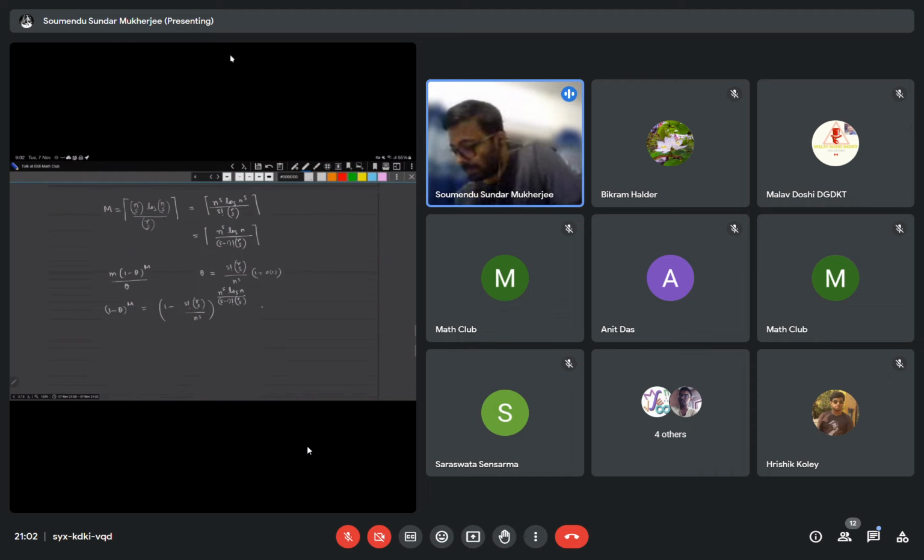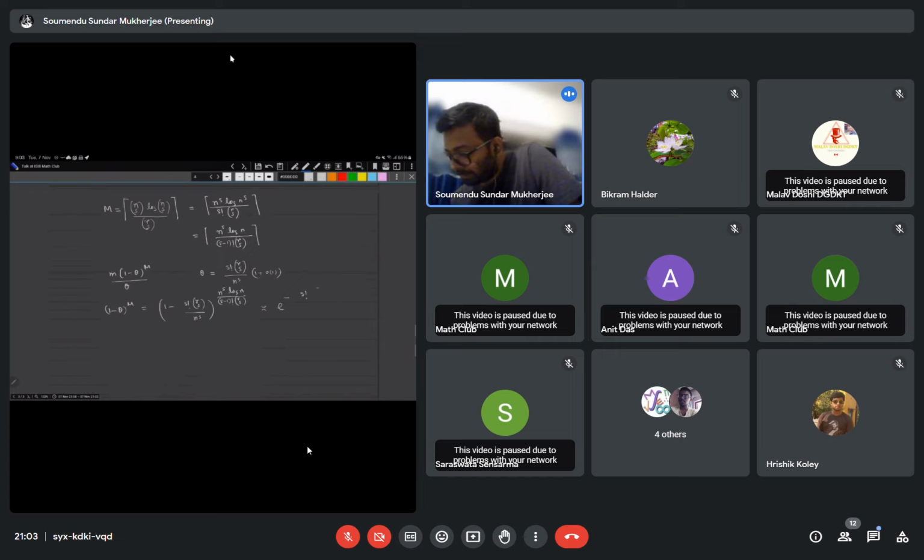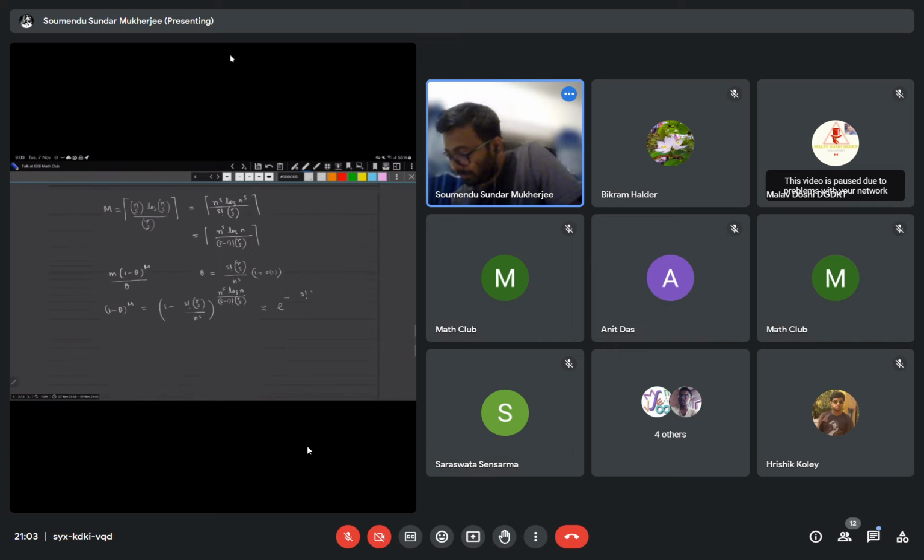So this is essentially e to the power minus s factorial times log n divided by s factorial. Basically that, right?